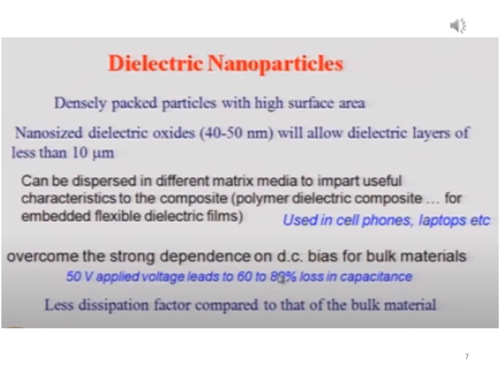The dielectric nanoparticles are very important because you can pack these nanoparticles in a very dense manner, and they will still have a high surface area because the particle size is very small.